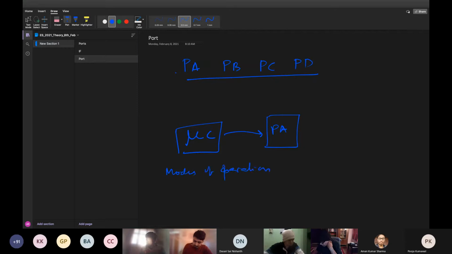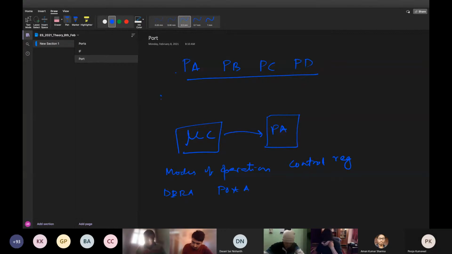These operations can be controlled by some control registers. DDRA, for example, is one of the control registers. By controlling these, you can then have registers like port A, port B. You can either write into port A or read from port A. Therefore, all these ports are slower.